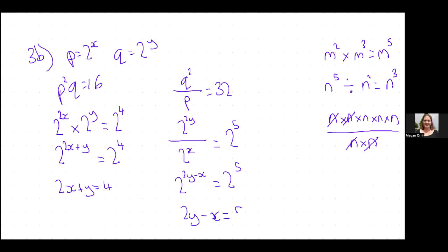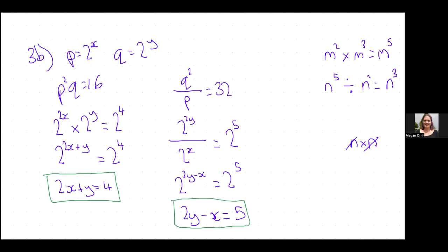Now I have two different equations. Now I can use simultaneous equations to solve this. Okay, let me just erase this because I need more room. So what I'm going to do now is solve simultaneous equations. I'm going to use the elimination method, but you could use either. So let's pick another color.